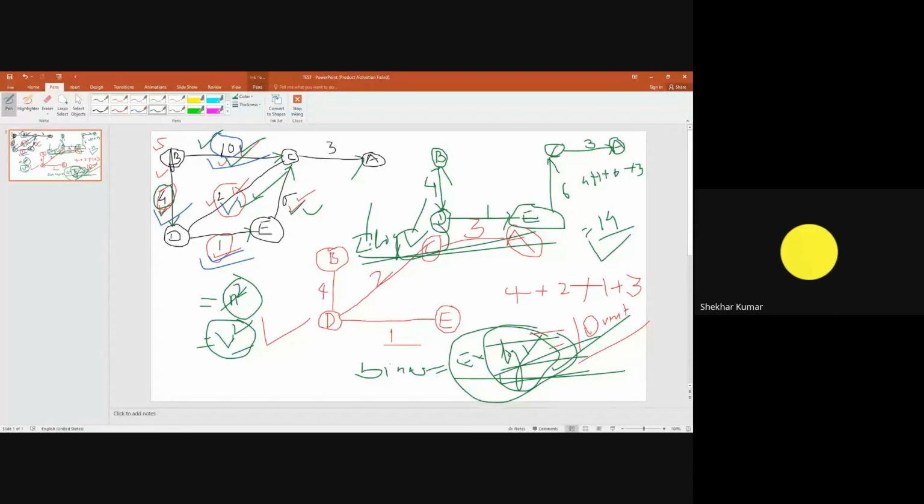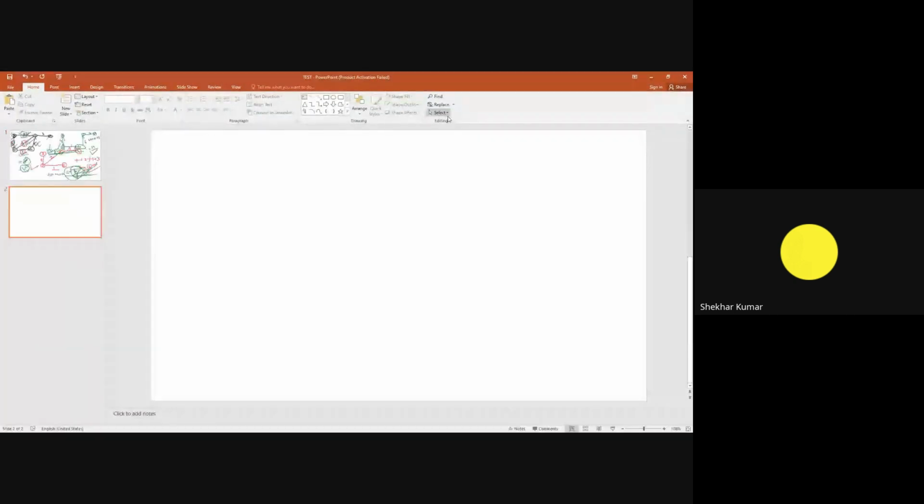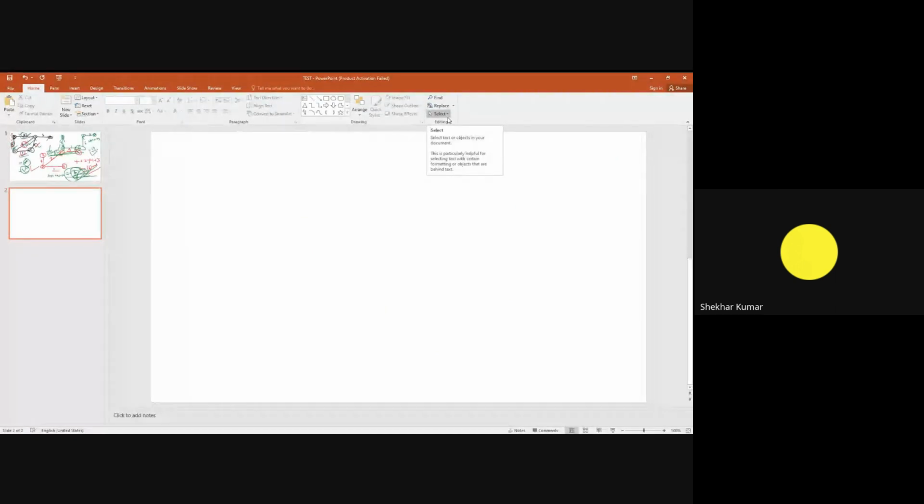Okay. Now the next algorithm to find the minimum spanning tree is Kruskal's algorithm. Kruskal's algorithm is also used to find the minimum spanning tree for a connected weighted graph.